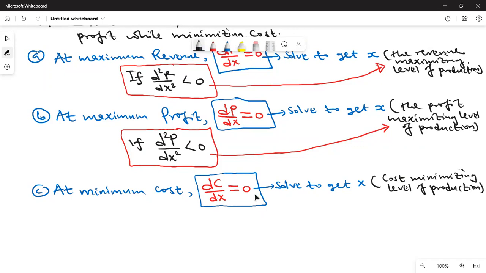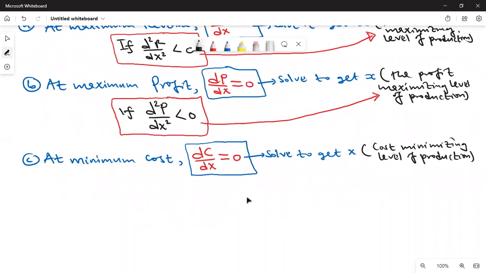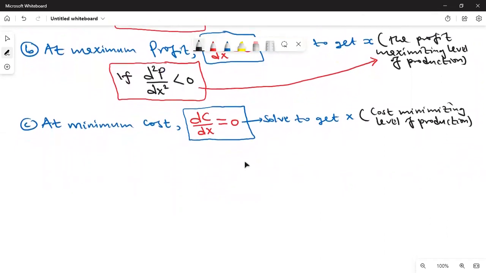And you must also use the second derivative test to know whether truly the value of x that you have found will give you the minimum cost. So you must test whether d squared C with respect to x is a value.